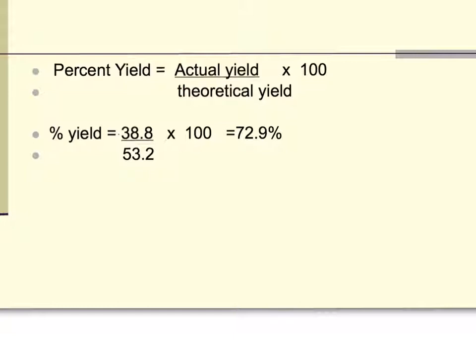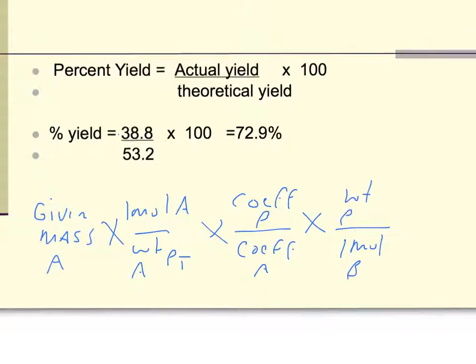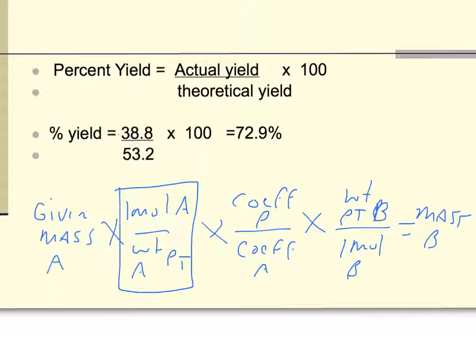So just as a reminder, the mass of B is given mass of A times 1 mole of chemical A over the weight of chemical A from the periodic table, times the coefficients of A and B from the balanced equation, times 1 mole of B, weight B, from the periodic table, and that will give the mass of chemical B. The previous slide had this section backwards, so do make sure that you fix that.